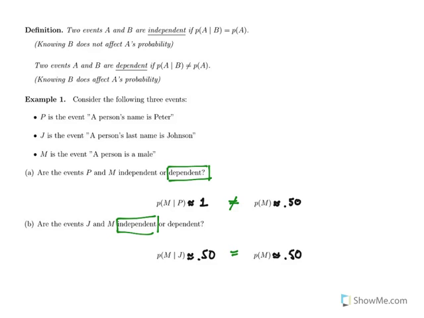The fact that somebody's last name is Johnson gives us no information on whether they're a male or not, so they are independent events. So dependent means that they affect each other in some way, the probabilities do. Independent means that they are separate and they do not affect each other.